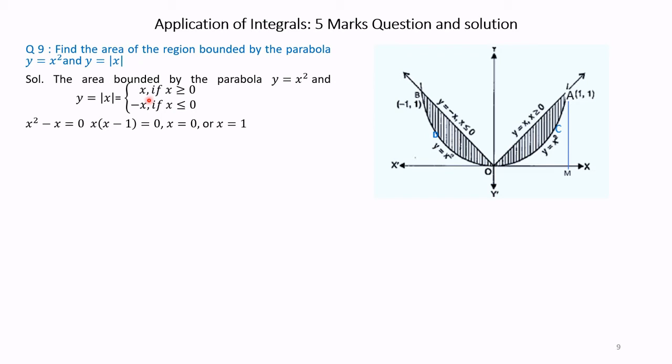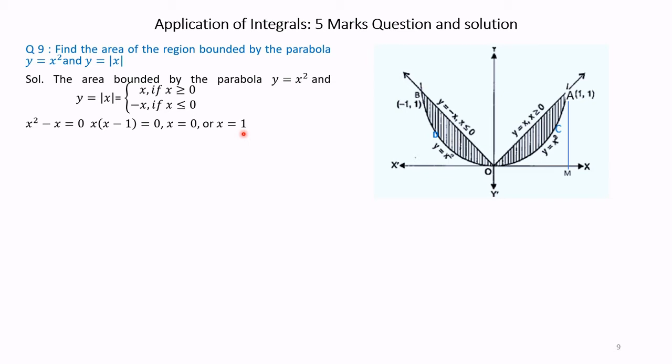Therefore, rearranging, we get x square minus, putting the value of y as x, minus x equals 0, or x into, taking x common, x into x minus 1 equals 0, or x is equal to 0 or x minus 1 equal to 0. That means x is equal to plus 1.